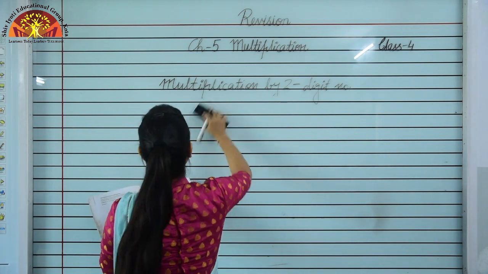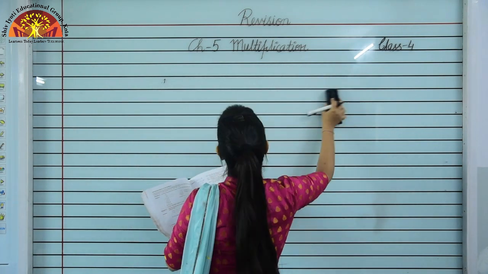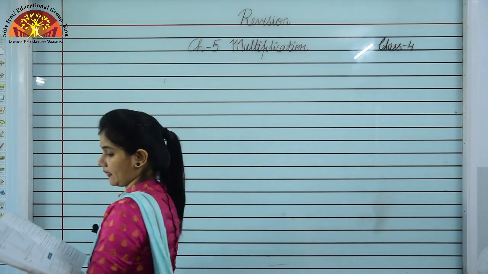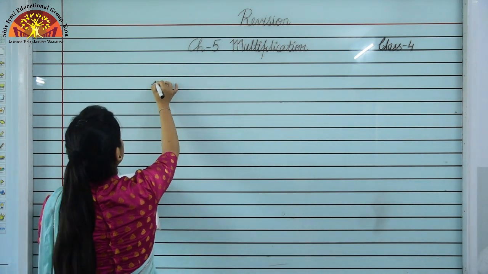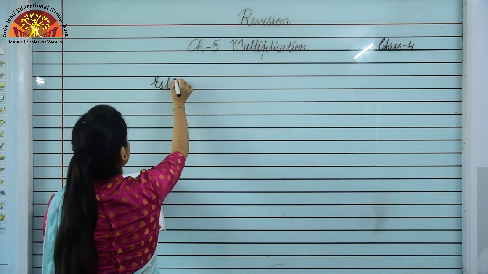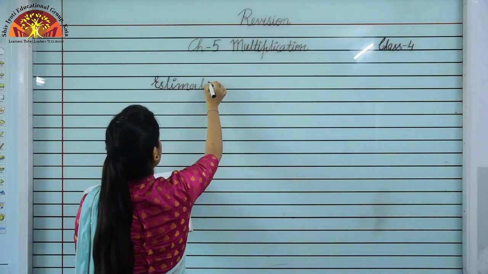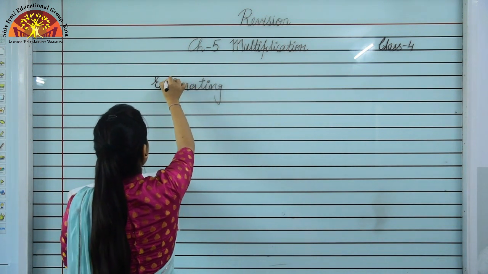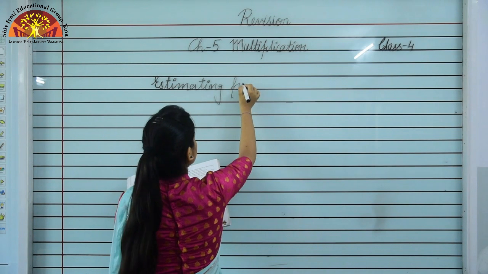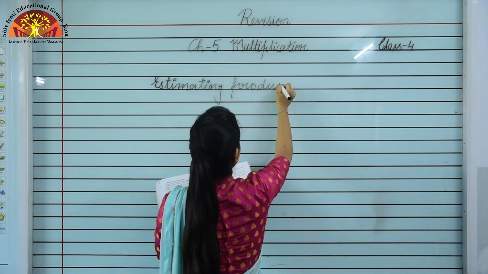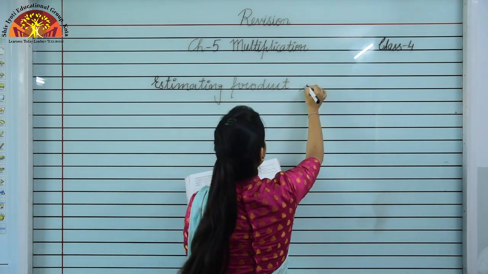On page number 62, the topic is estimating product of two numbers.